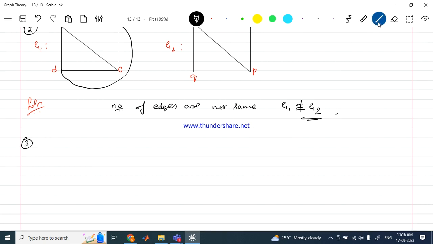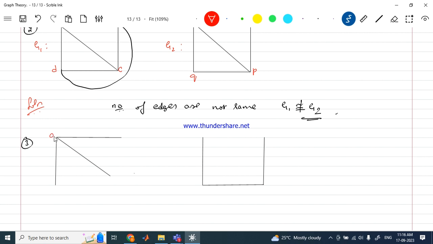Now have a look at this situation. Here A, B, C, D, P, Q, R, S. This is my G1.